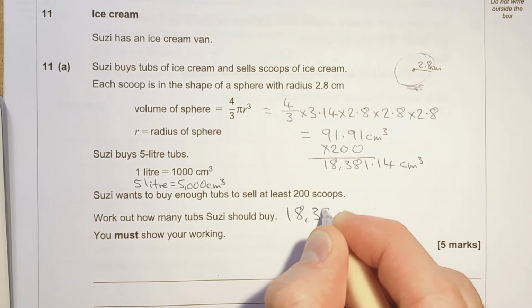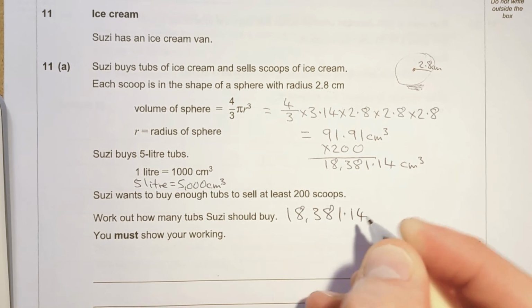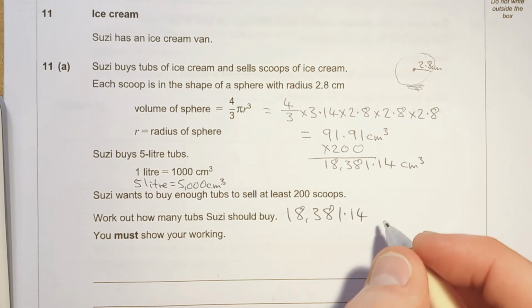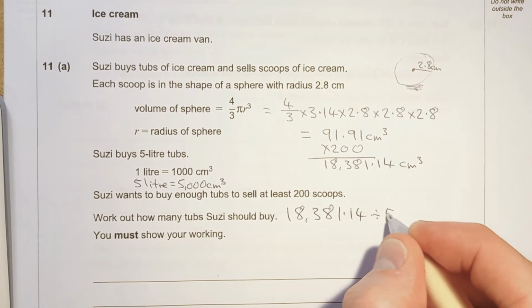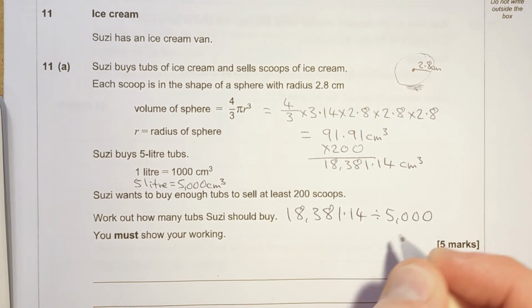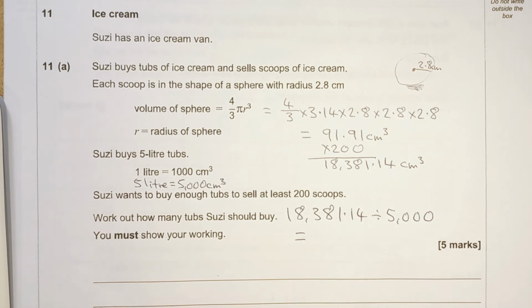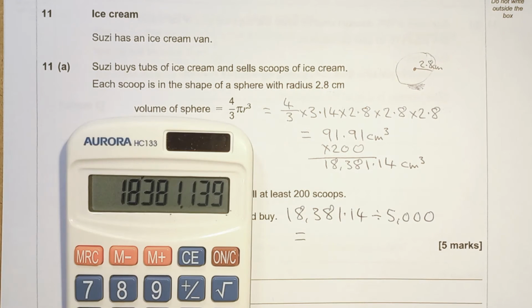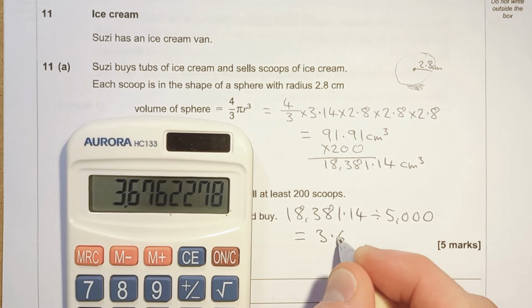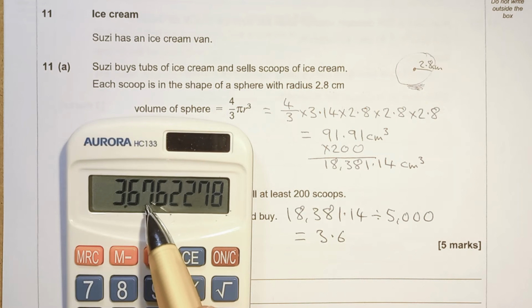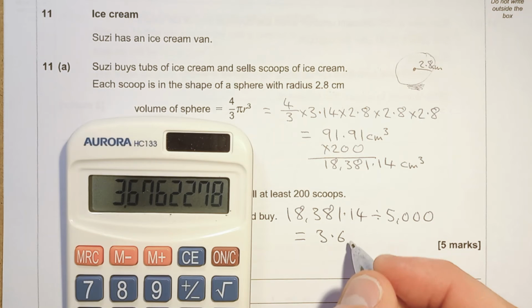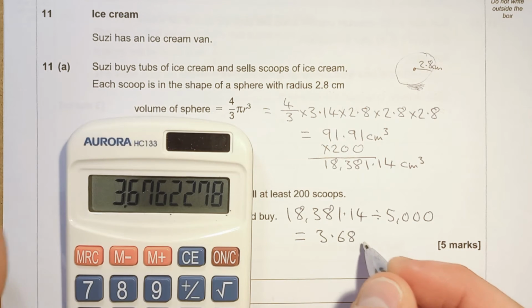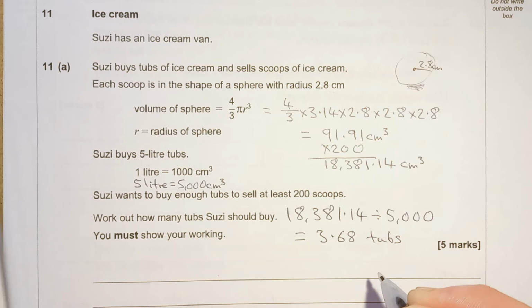18,381.14, that's the amount of ice cream we need. We know that each tub is 5,000 centimetres cubed, so divide that by 5,000 and we get 3.68 tubs, that's what we need.